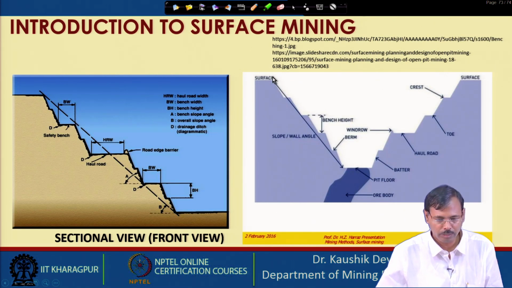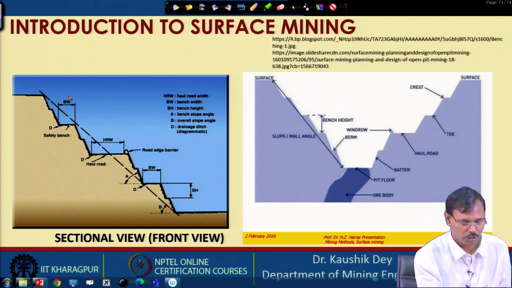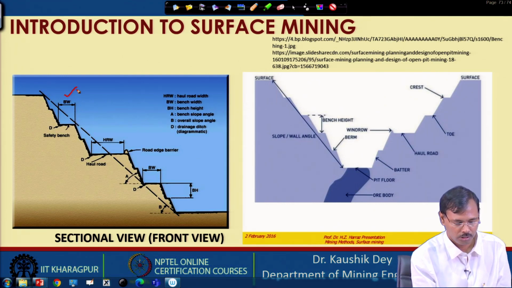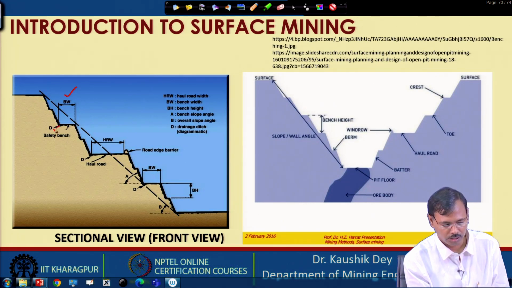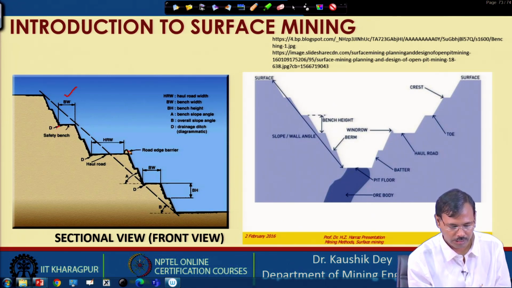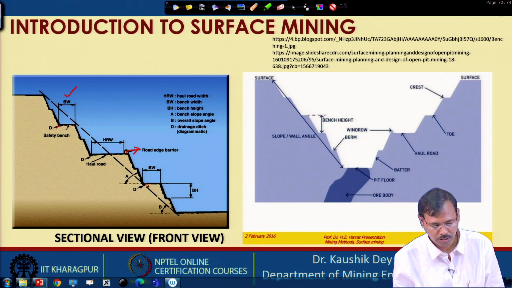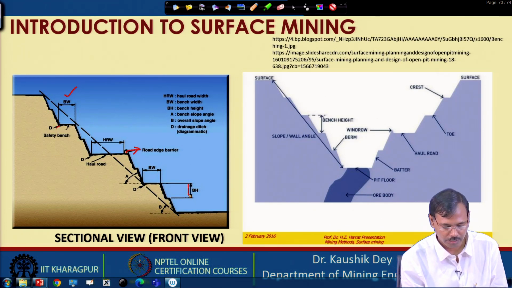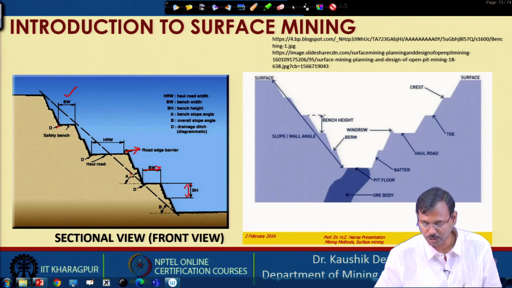So, this is the typical terminology for a bench. This is called bench width, this is a drainage or ditch provided, this is the safety berm provided so that the trucks will not topple down to the lower bench, and this is the bench height. This is the general terminology.